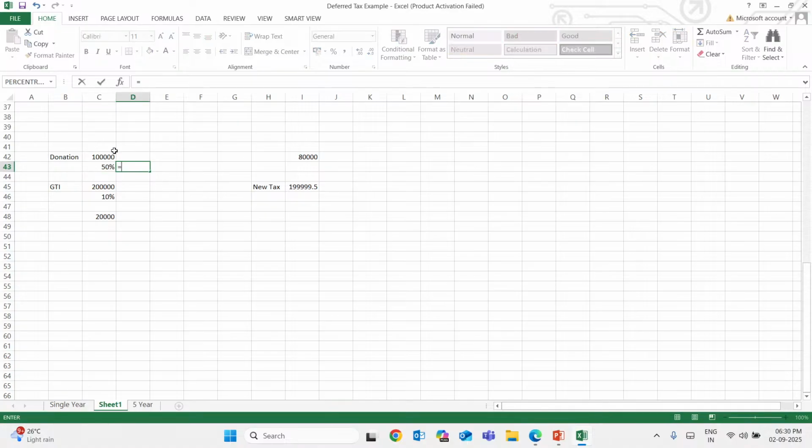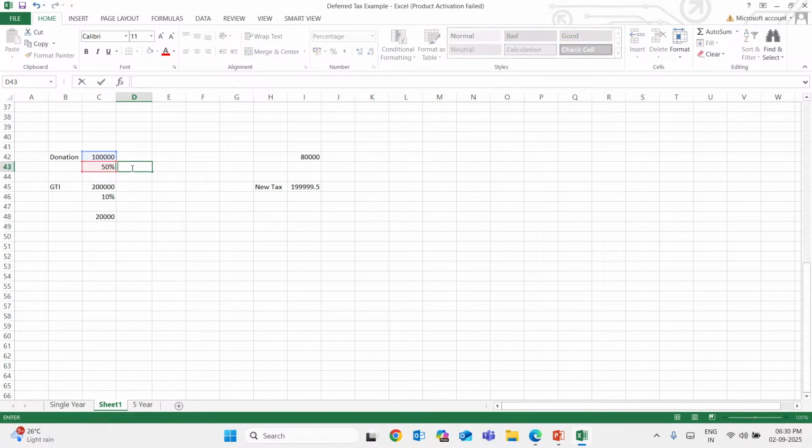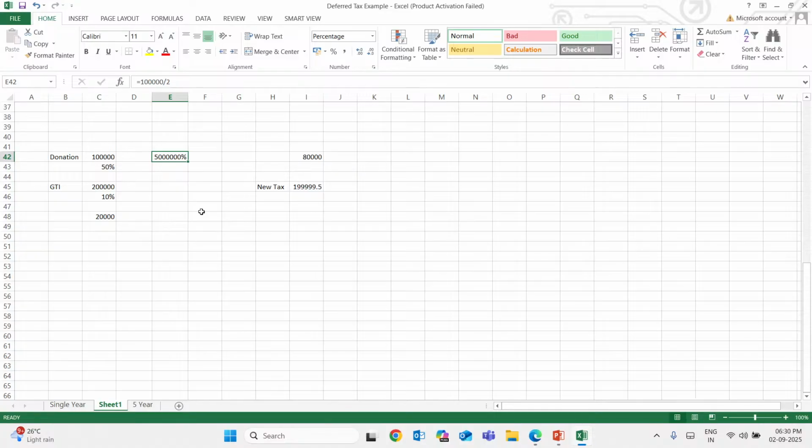Then that means the new donation that is allowed in the books is... actually some error has happened here, so we will just take it that 50,000 is only allowed right here.